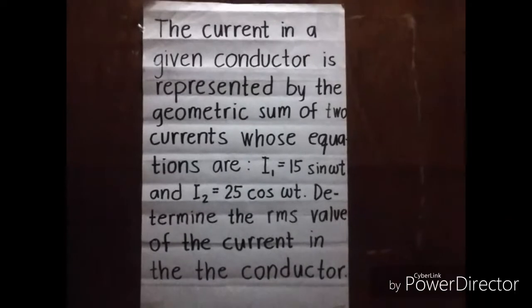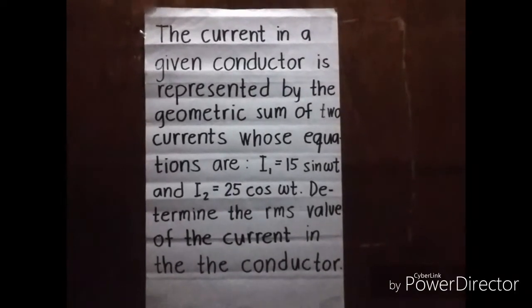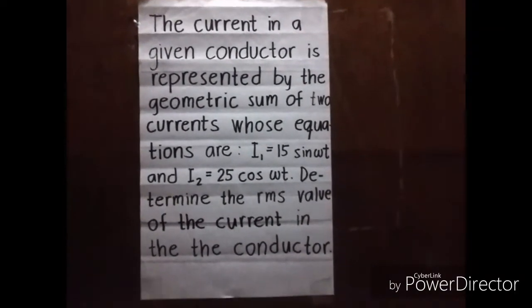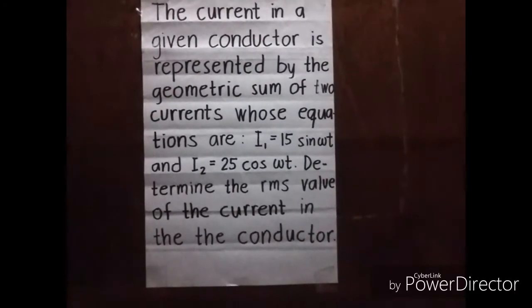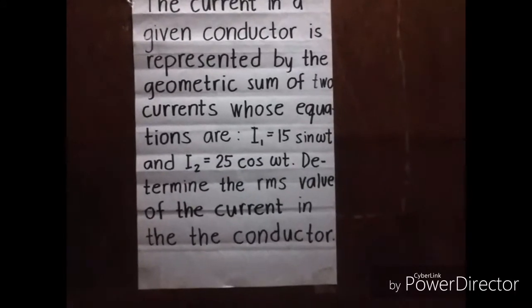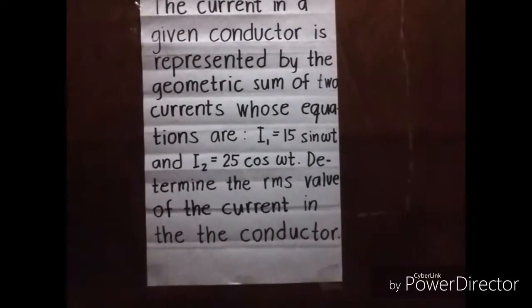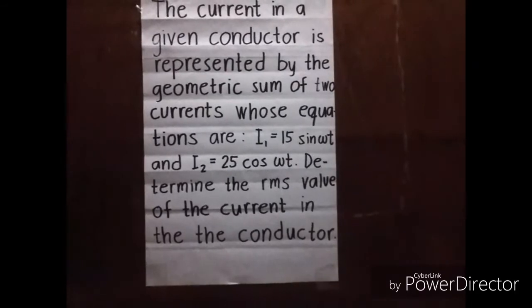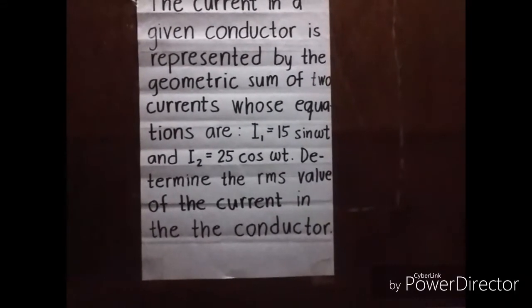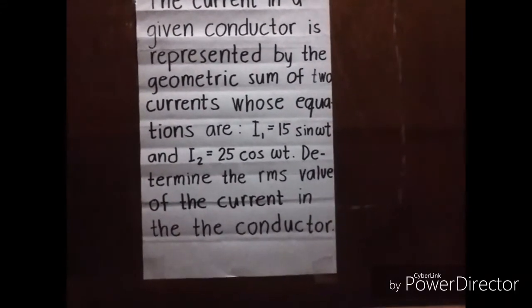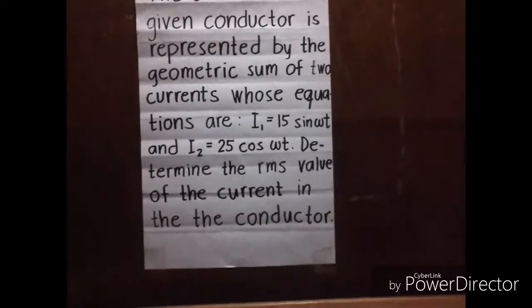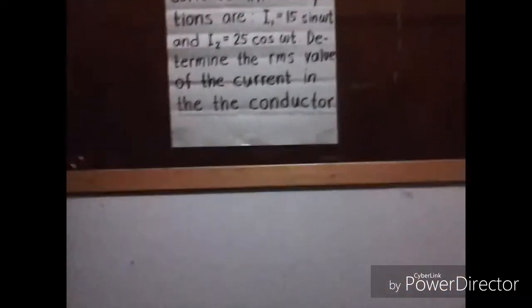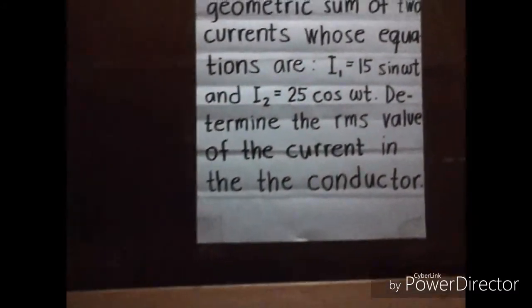The first problem is: the current in a given conductor is represented by the geometric sum of two currents whose equations are I1 equals 15 sine omega t and I2 is equal to 25 cosine omega t. The problem asks for the RMS value of the current in the conductor. Now let's list the given here.